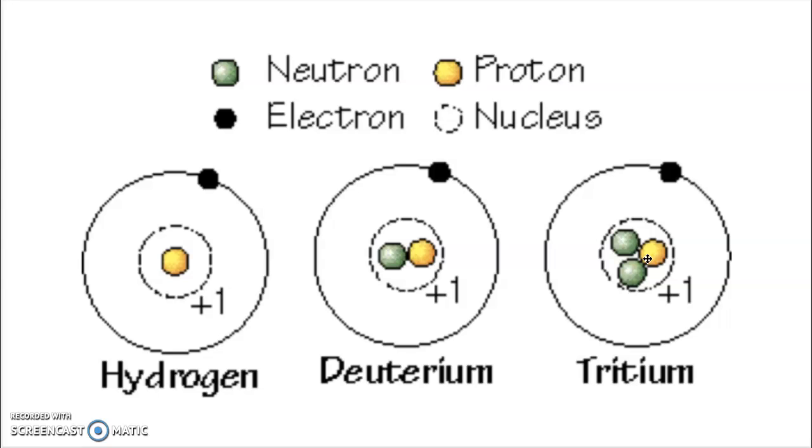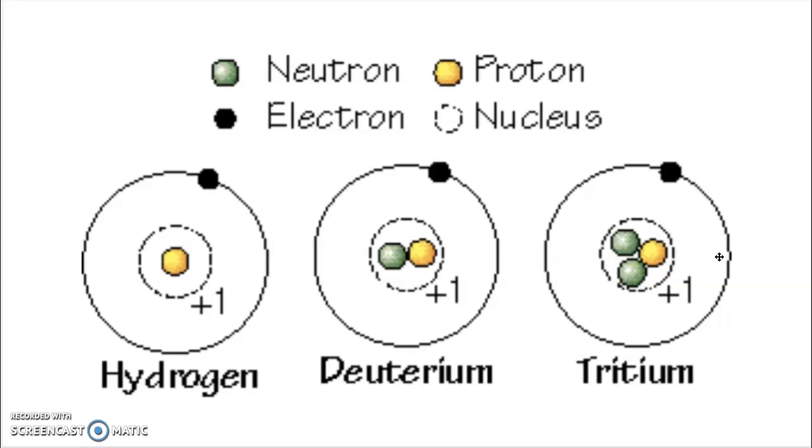1 is their atomic number. And if I look on my periodic table, the element that has an atomic number of 1 is hydrogen. The biggest difference here, however, is that in this atom of hydrogen, I don't have any neutrons. It's just 1 proton, 0 neutrons. This one over here has 1 proton, so still hydrogen, but instead of 0 neutrons, it has 1 neutron.